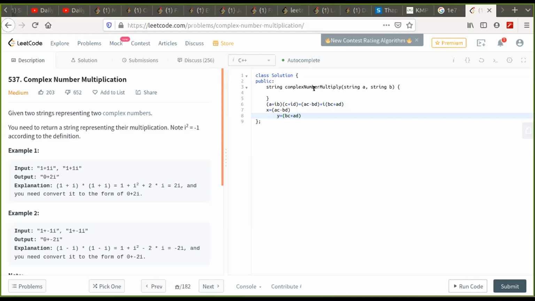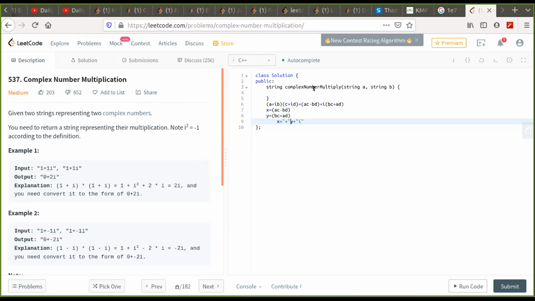After calculating both of these, we need to convert both x and y into strings, and then put it somehow like x plus, then a plus, and then y, and afterwards add the i to the string. I think this is the only thing, that's the approach we need to follow.